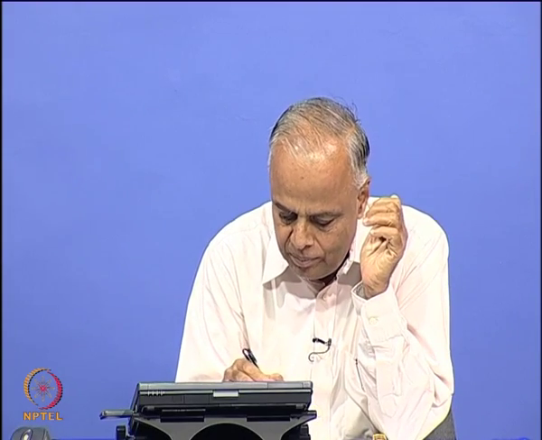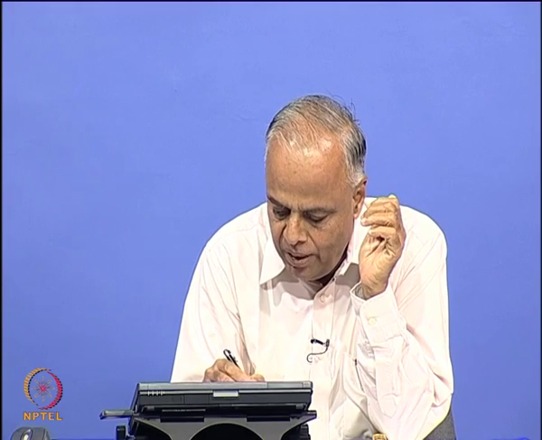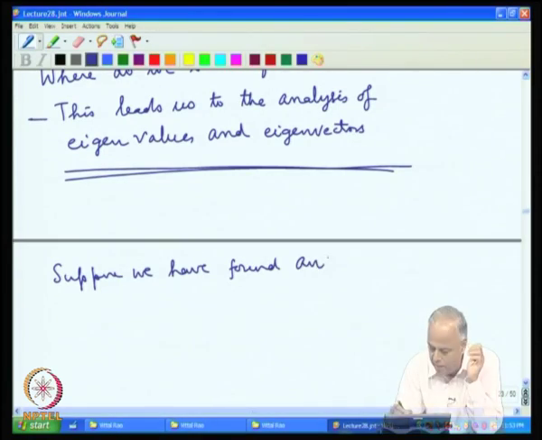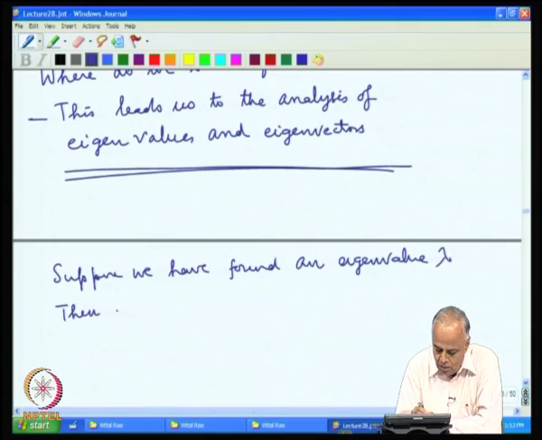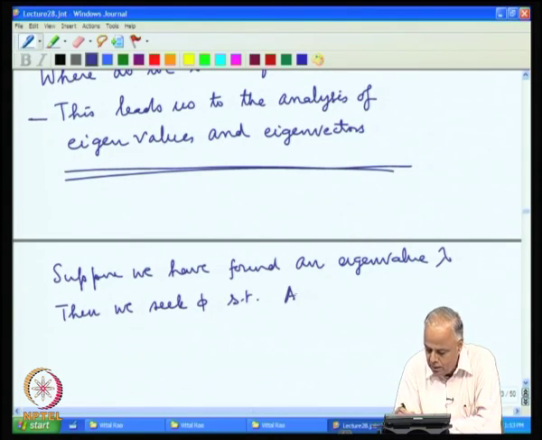Now, suppose we have found an eigenvalue lambda, then we seek phi such that A phi equals lambda phi, and this boils down to looking at (A minus lambda I) phi equal to theta n.